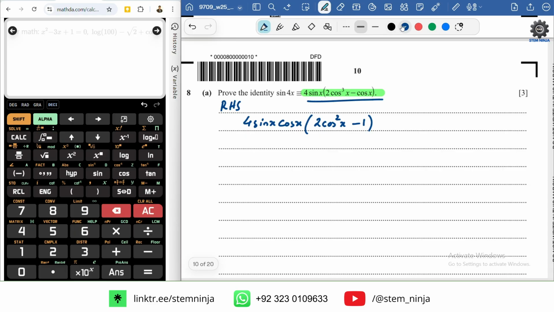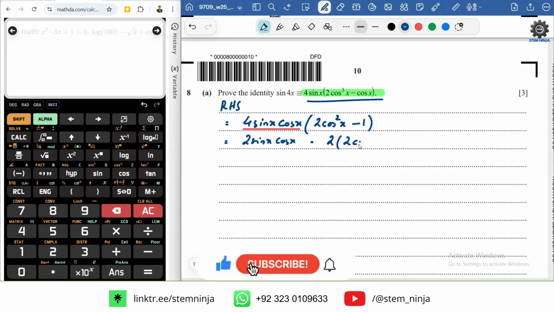On this side, if you separate out 2 sine x cos x, and then multiply this with 2 times (2 cos squared x minus 1), just to separate that out.